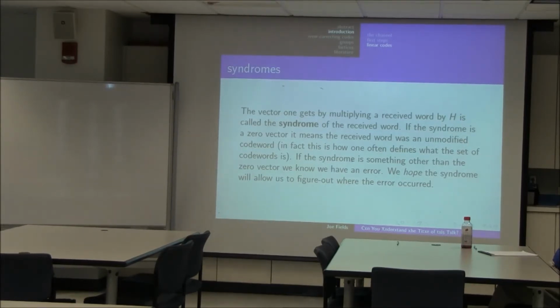This is just terminology. You multiply a matrix times a vector, and you'll receive, generally speaking, another vector. My last example was a single number, but generally that's going to be a vector. And that vector is called the syndrome of the received word.